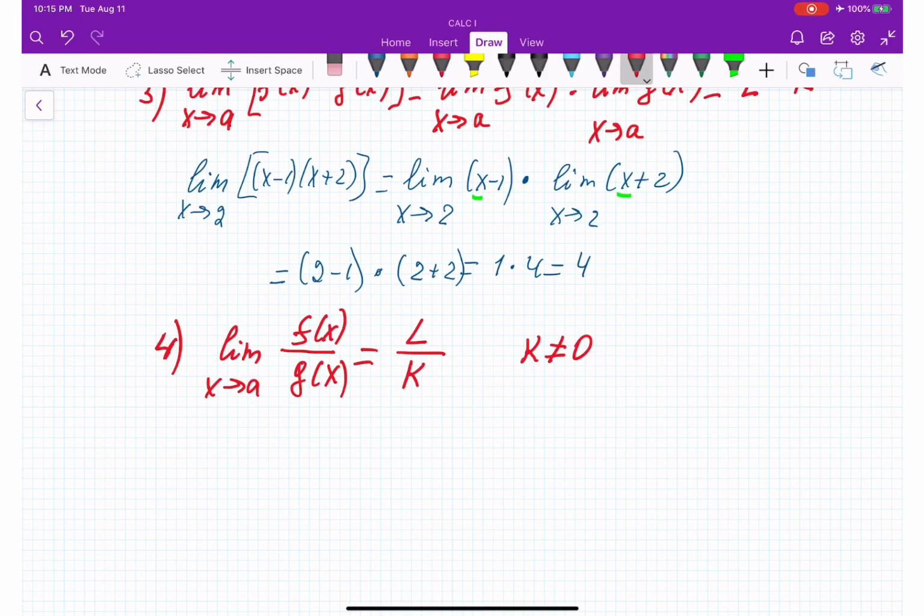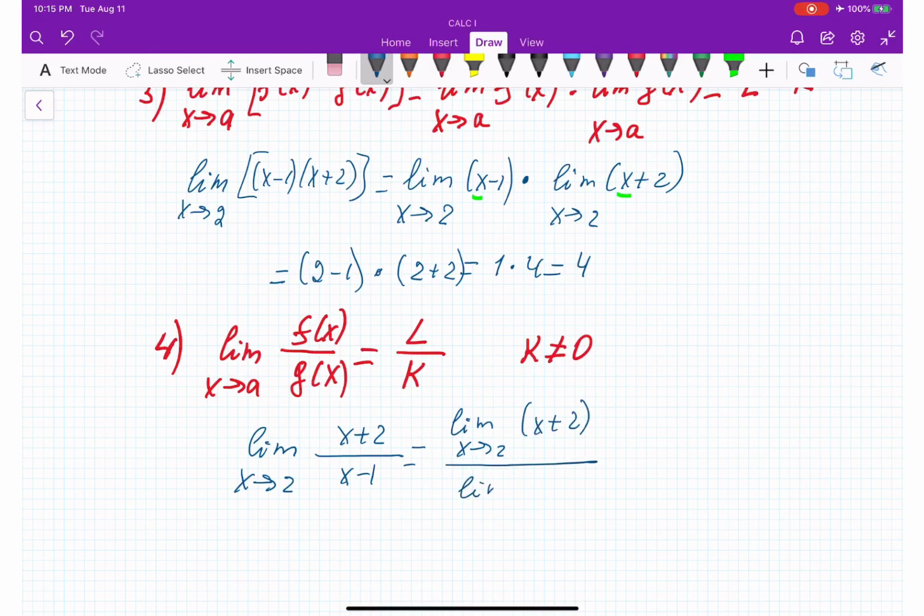Let's see an example. The limit as x approaches 2 of x plus 2 over x minus 1 is going to be equal to the limit of x plus 2 over the limit of x minus 1, as x approaches 2.